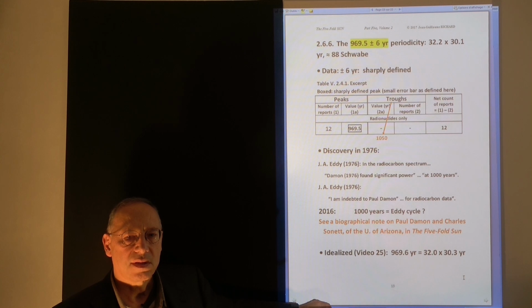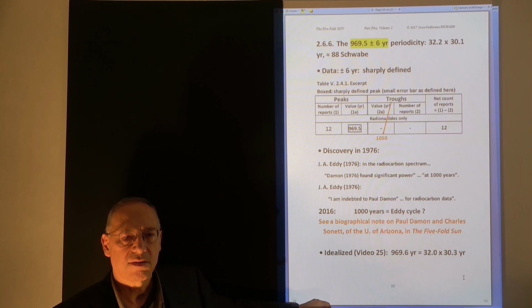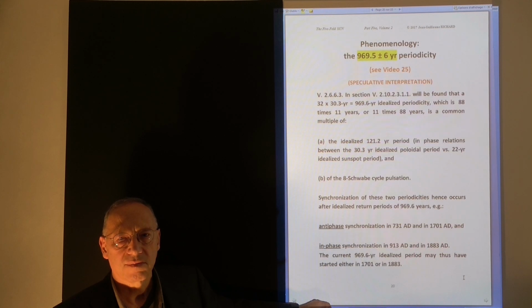Now it is suggested that a 1,000-year periodicity in solar variations will be called the Eddy cycle, but the 970-year cycle is a Paul Damon cycle. And it is interestingly idealized here at exactly the same value, which is almost exactly 32 times the base period if it is idealized as 30.3 years.